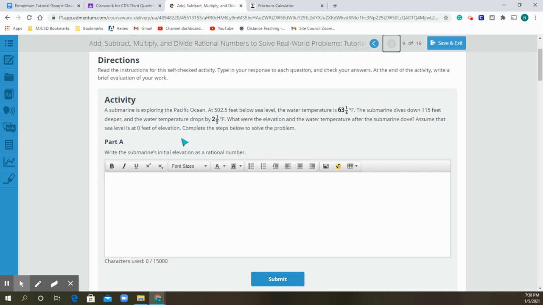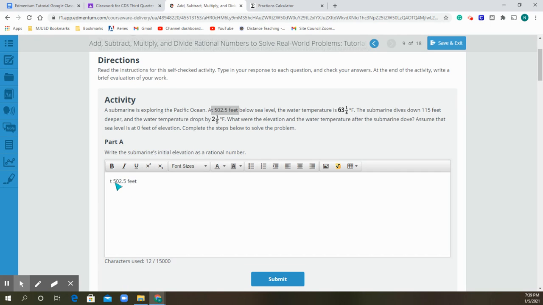So one of the first things we're doing is breaking down the problem into its parts. The first part says, write the submarine's initial elevation as a rational number. That just means a whole number that doesn't continue on like 0.333333, like that. So in this, feet below sea level, I'm copying and pasting because I don't want to mess it up.